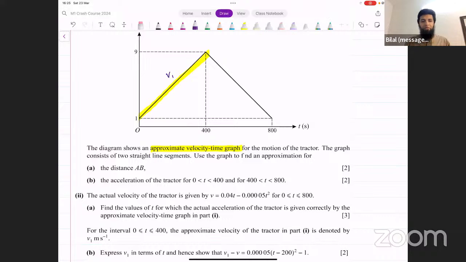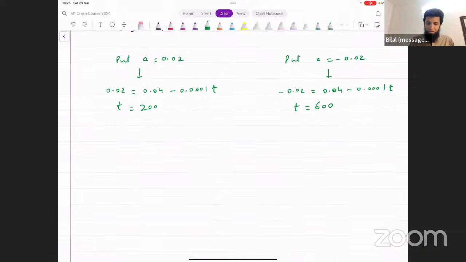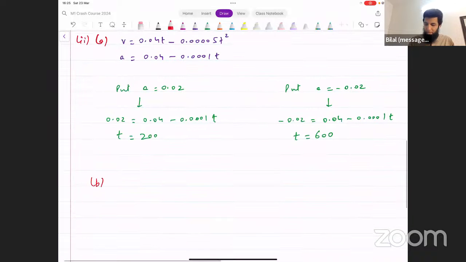It's a straight line. How do you find straight line equations? You have the y-intercept given already. y equals mx plus c, right? Just use that. In this case, we have velocity and time, so we could say v1 equals mt plus c.